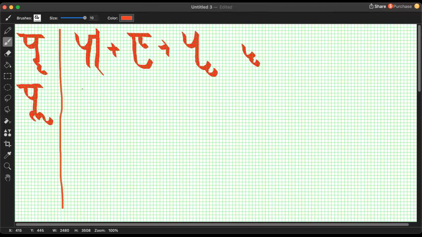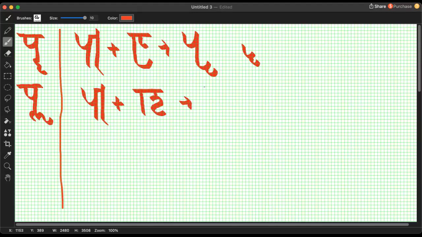Next, I'll write per alphabet, the root, and to this I'll add Aldru matra. We know how to write Aldru. So this is Aldru in Sharda. This can be written in two ways.